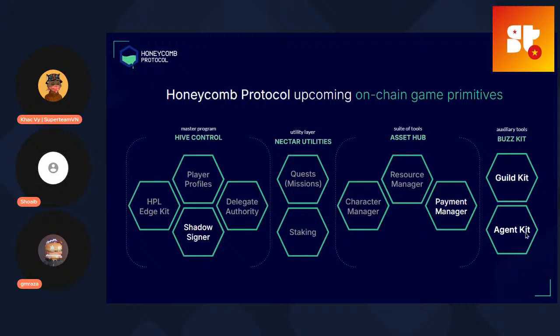And next we have Agent Kit, and that's a very exciting feature that will be coming. We will be combining AI with Honeycomb Protocol to make the experience better for both developers and players. So it will be an AI agent.